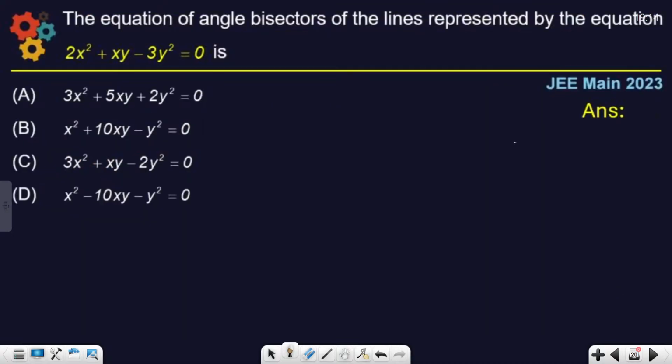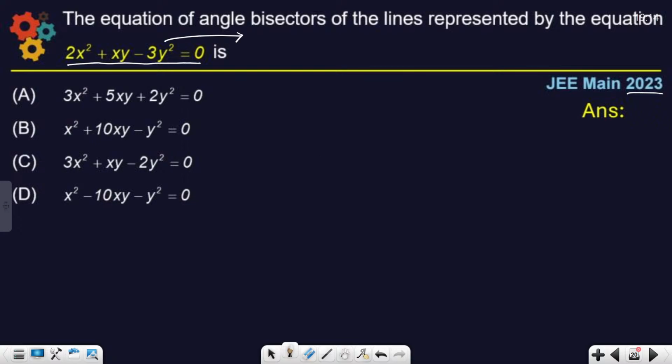so this question came in JEE Main 2023, a very, very straightforward question. Find the equation of the angle bisectors of the lines represented by this equation. Now, if you know the formula, you can solve this equation. Okay, you can find out the equation of the angle bisector. But if you don't know the formula, then what you will do? Then you have to find out the two separate equations by factorizing this.